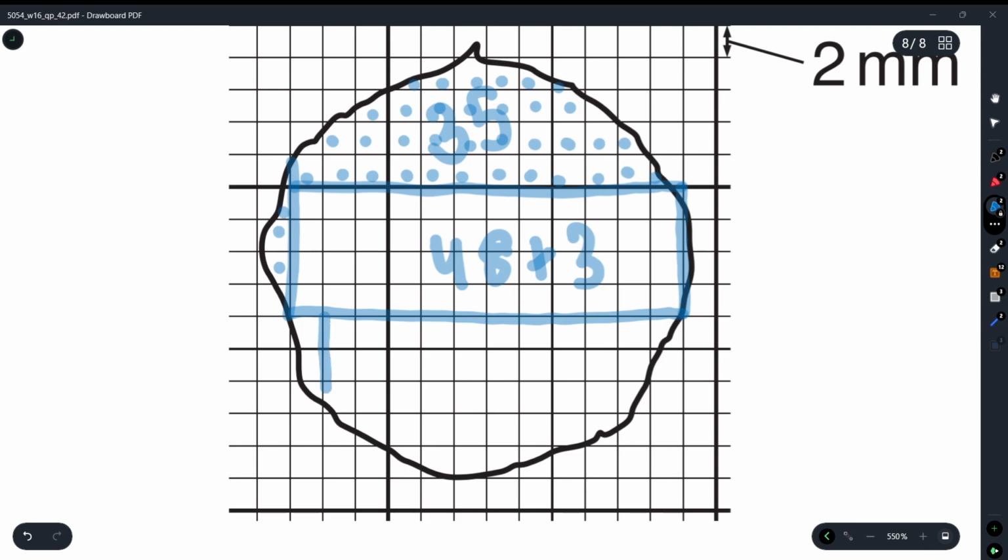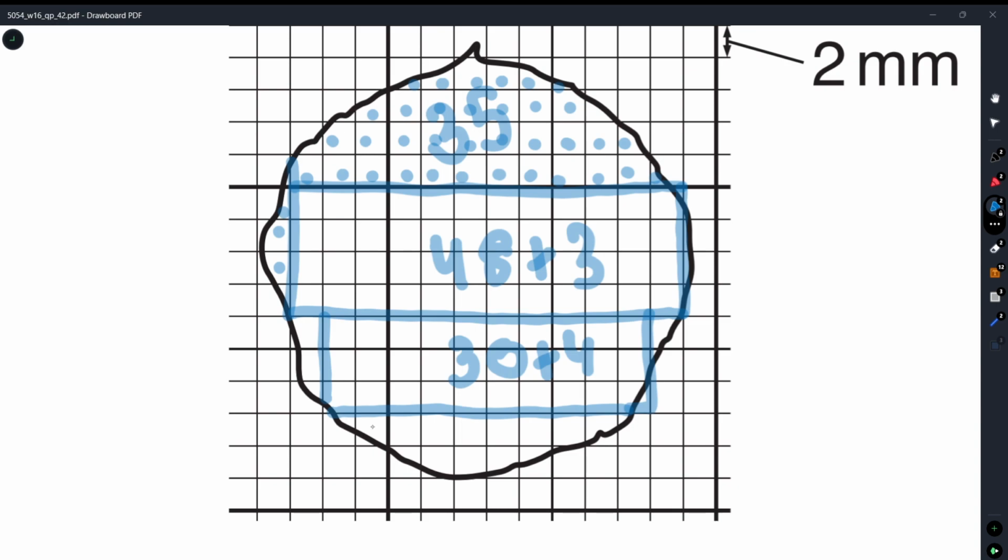And then I can go with these ones right here as well. So 1, 2, 3, 1, 2, 3, 4, 5, 6, 7, 8, 9, 10. So 30 over here, 30 plus 1, 2, 3, 4 कर देते हैं just for the sake of it. And then you've got 1, 2, 3, 4, 5, 6, 7, 8, 9, 10, 11, 12.